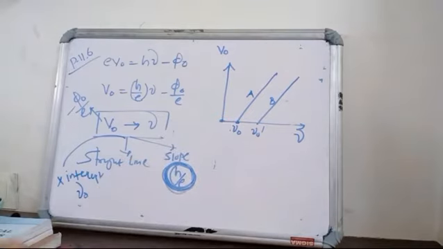Very good. So this graph shows that the stopping potential V0 varies linearly with the frequency of incident radiation for a given photosensitive material.